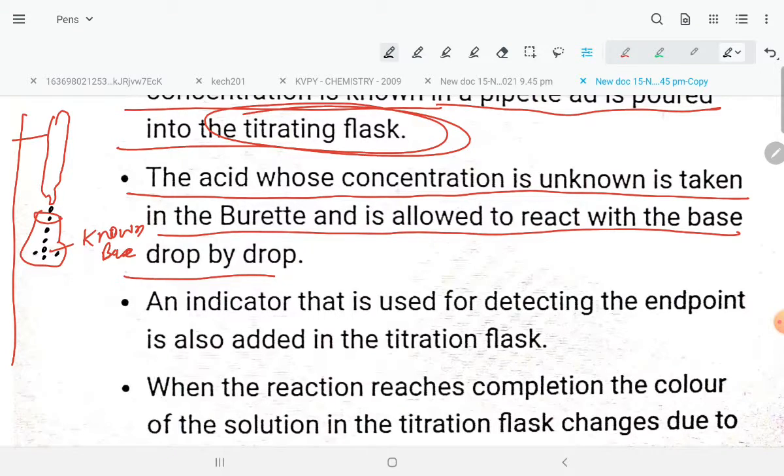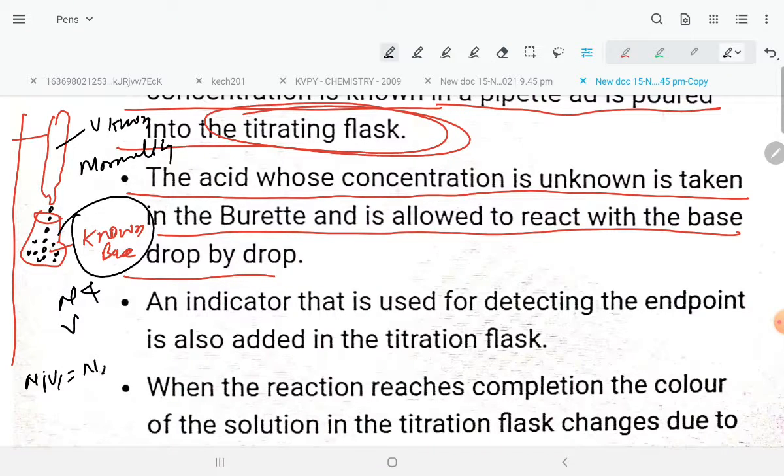The normality and volume of the known solution you know. From here, the volume used will be known. The normality you can then calculate by using the formula N1V1 is equal to N2V2.